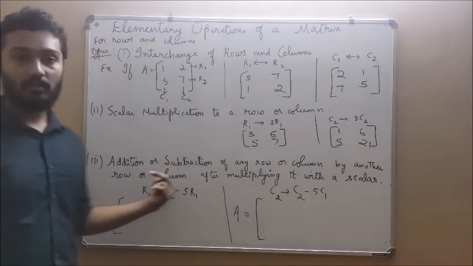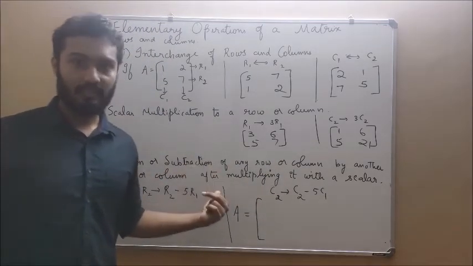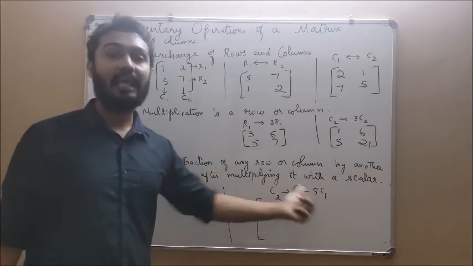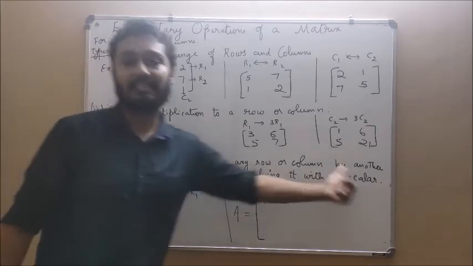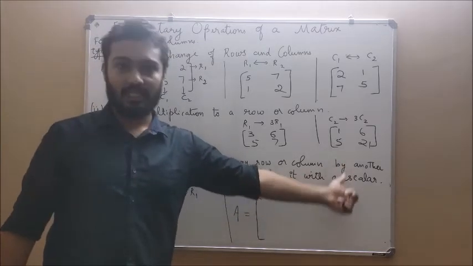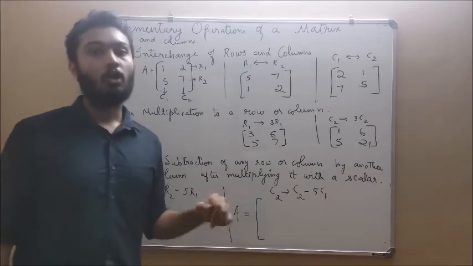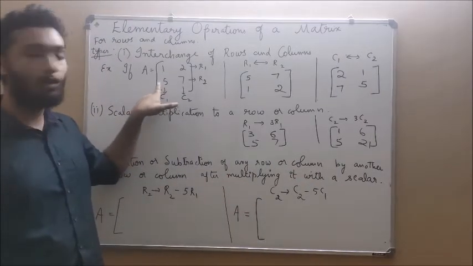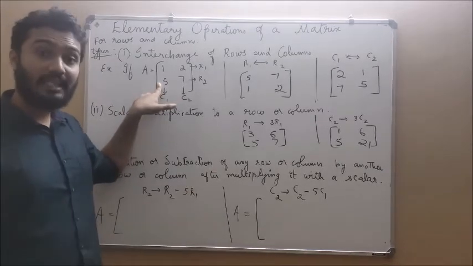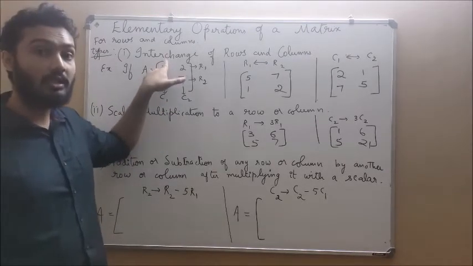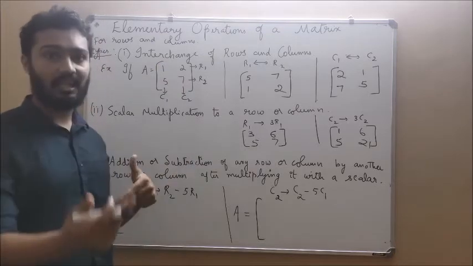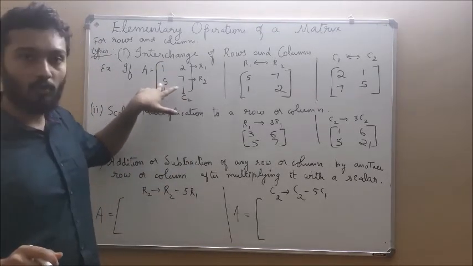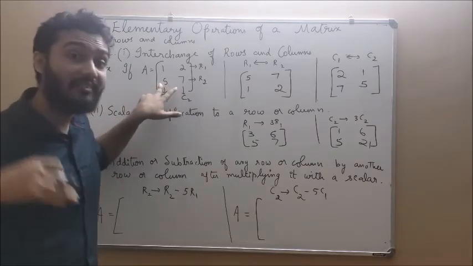Next, the third one is addition or subtraction of one row with another row after multiplying with a scalar. Meaning, if this is row 2, we are subtracting row 1 from it after multiplying with the scalar.